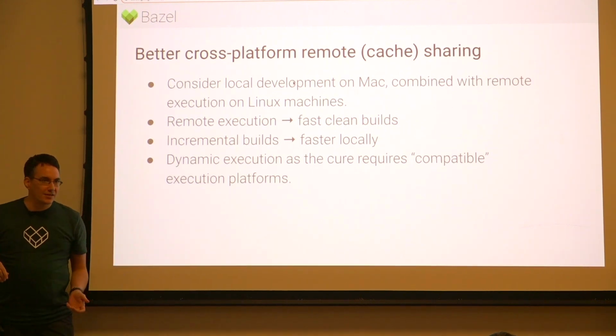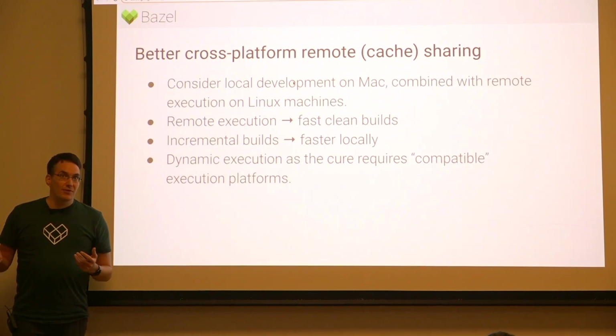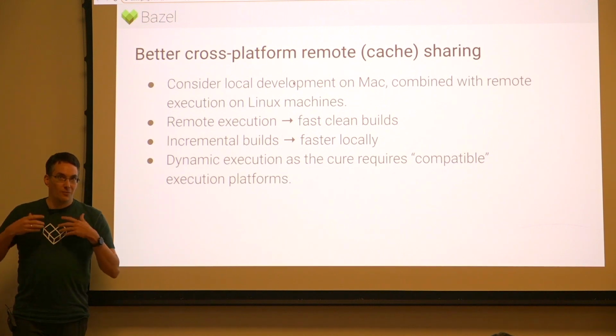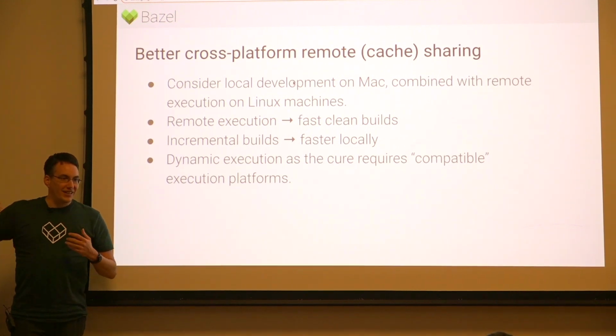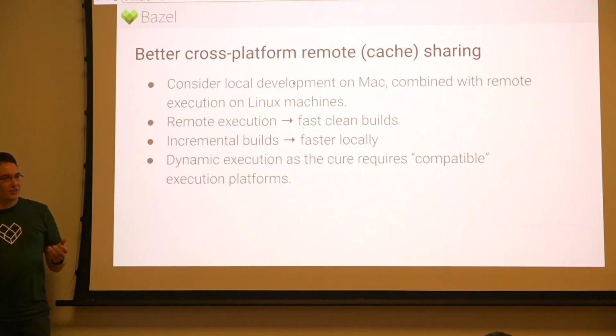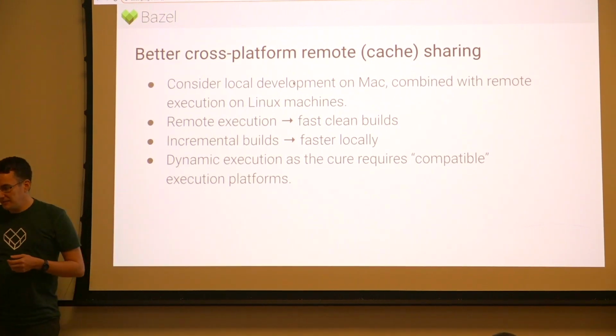We have dynamic execution that in general makes it possible to do local and remote development in one invocation, and Bazel just races those two action invocations and takes the faster one. But now it's not the exact same invocation if you have a Mac locally and Linux remotely.